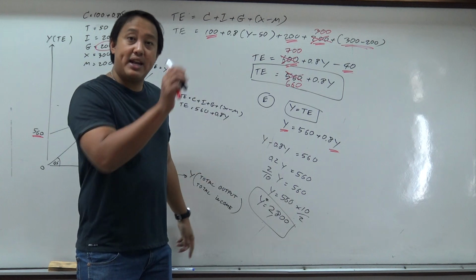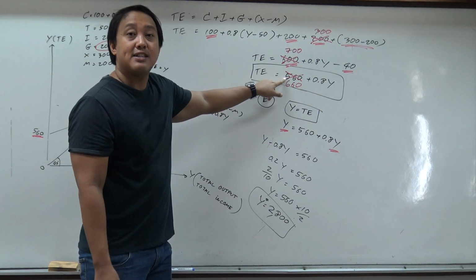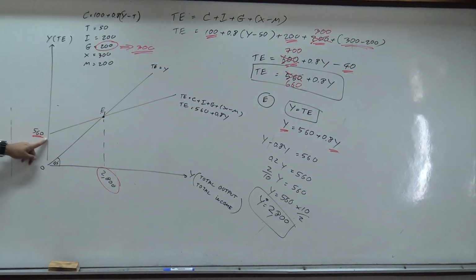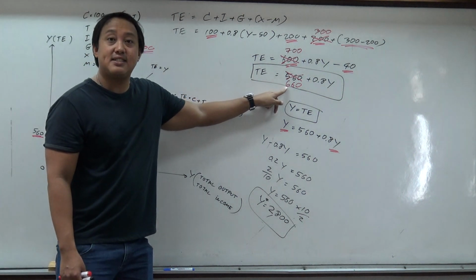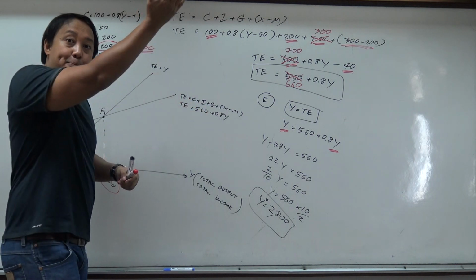You're just recalculating everything by hand. So what does this mean? As I mentioned before, 560 is the starting point of the curve here. Since it changed from 560 to 660, it means that the whole curve shifts up.